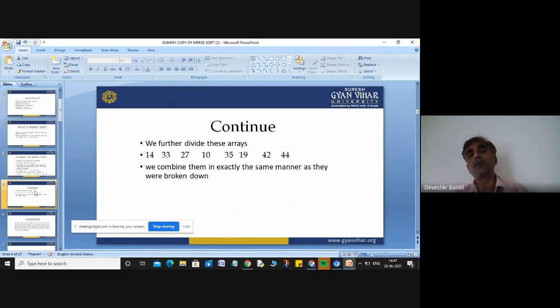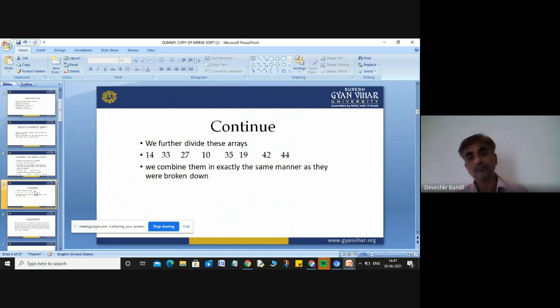And when you combine 27 and 10, these are not in sorted fashion, so at that time swapping is required. Means after swapping, 10 will be placed at the position of 27, and 27 will be put at the position of 10.